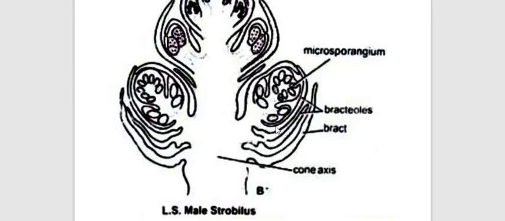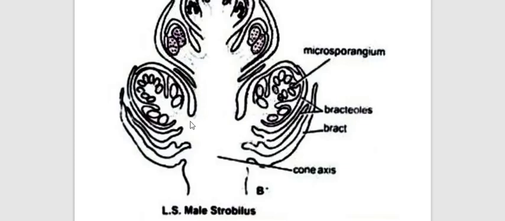These bracteoles bear the microsporangiate shoot, and at the upper end of this shoot, microsporangia are produced in a group, meaning 8 to 12 microsporangia are produced. Here also two bracteoles are fused, and in the axil of these bracteoles the microsporangiate shoot is produced on which the microsporangia are produced.